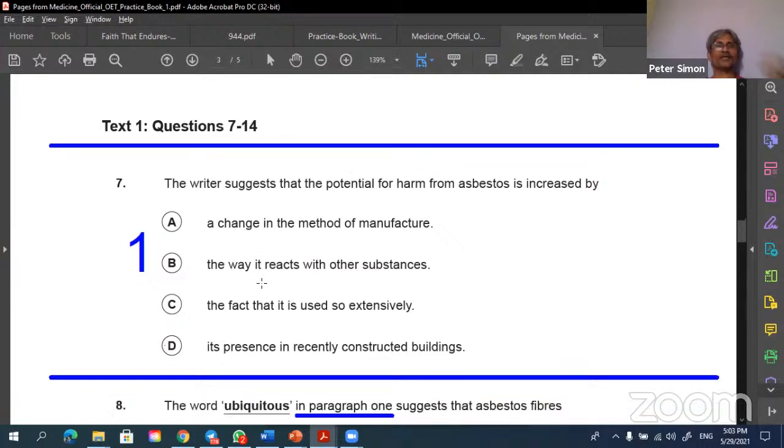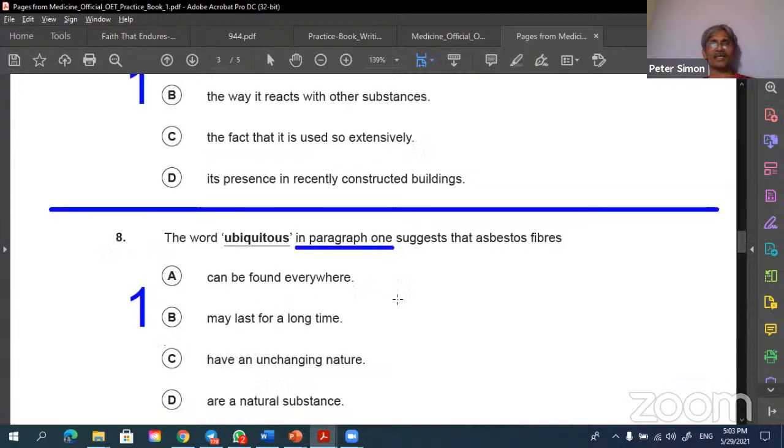Now identifying the paragraphs means correlating, matching paragraphs with the questions. This is what it is. So you should identify which question is there in which paragraph by underlining the keywords in paragraph 1, like that. This is the keyword. You can identify this one.